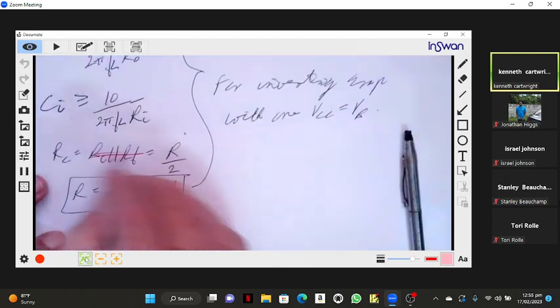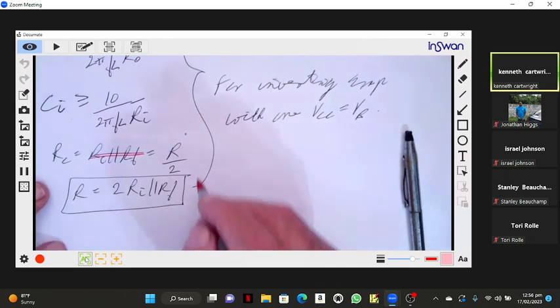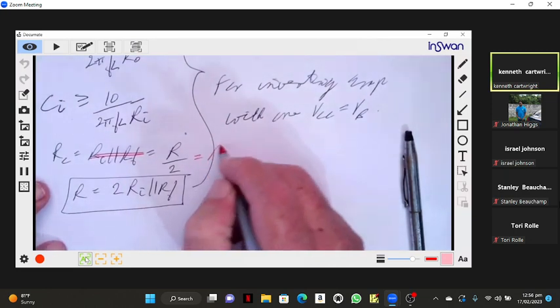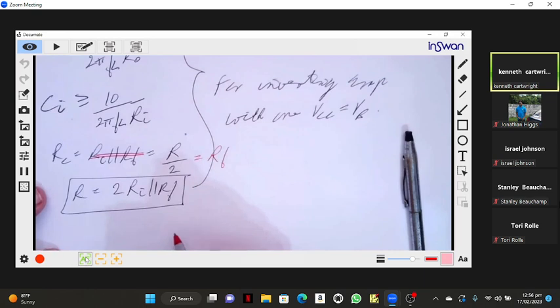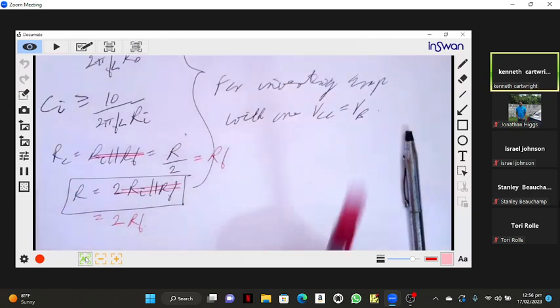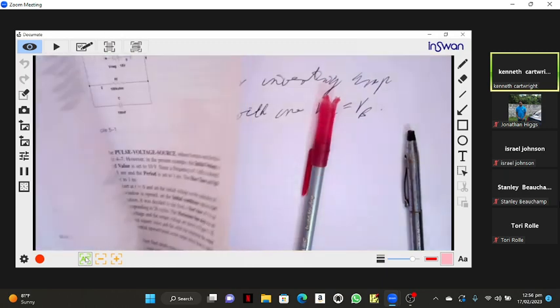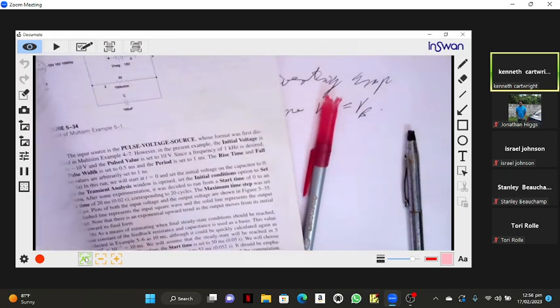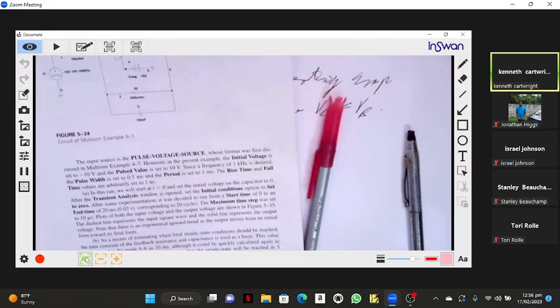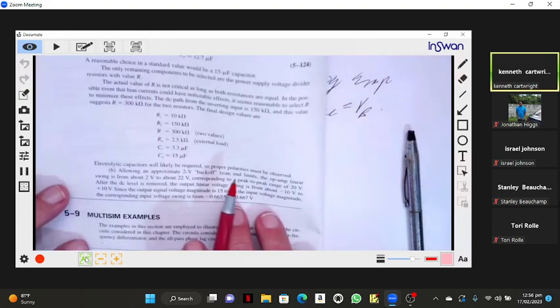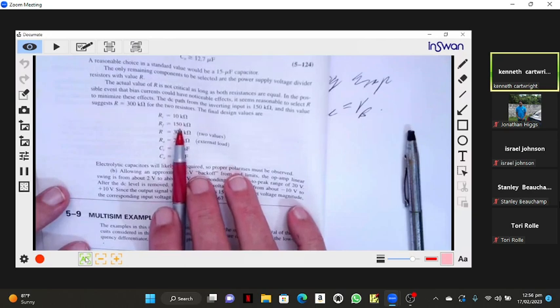So RC equals R over 2, and that's just RF. So R equals 2RF. And to finish off the design, we make RF 150 kilo ohms. We divide by 10 to get a gain of 15.